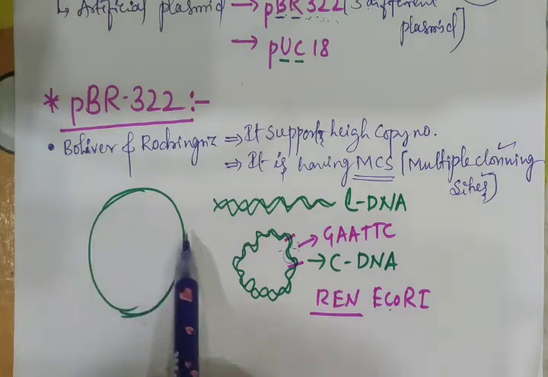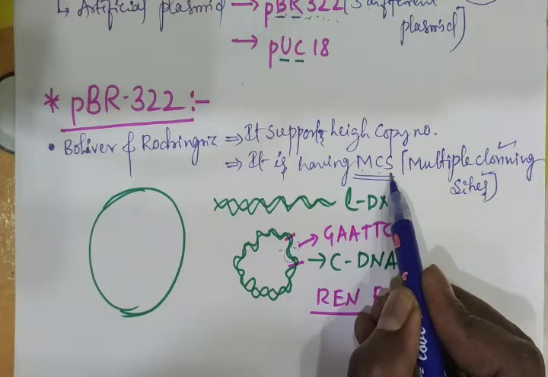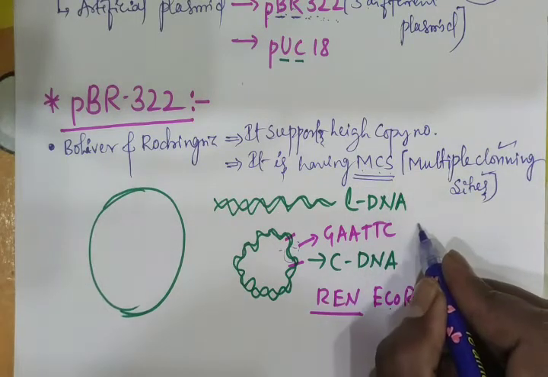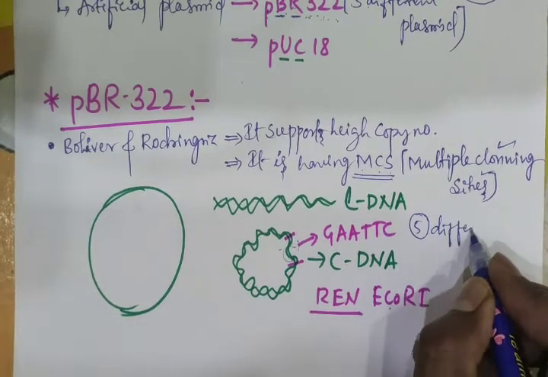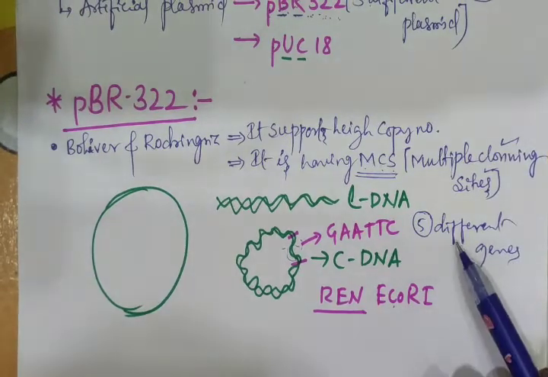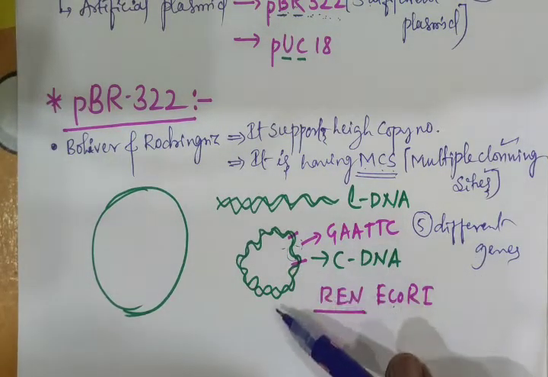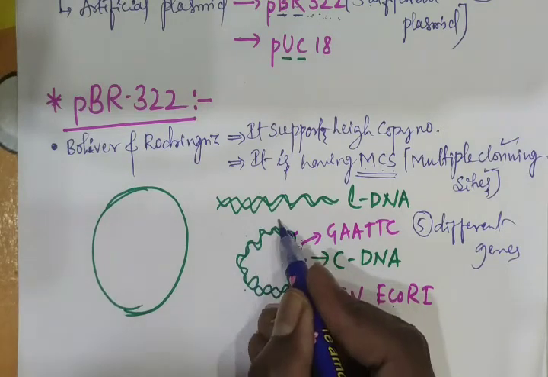And pBR322 is having multiple cloning sites. That means if I am having 5 different genes, then all the 5 different genes can be inserted here one gene, here one gene, here one gene, here one gene, here one gene.